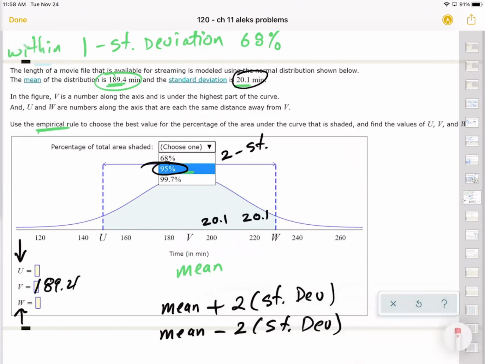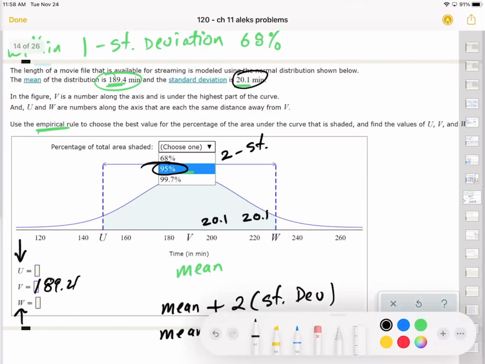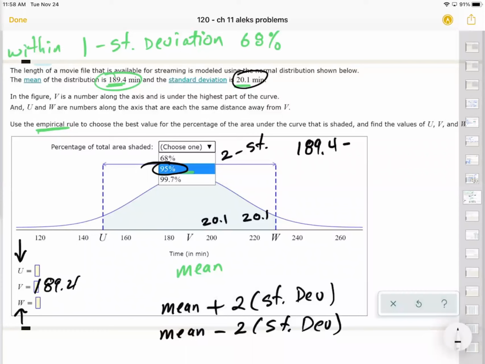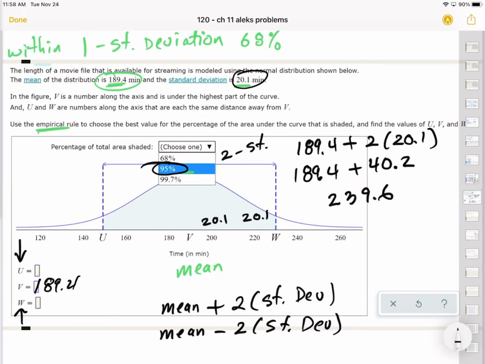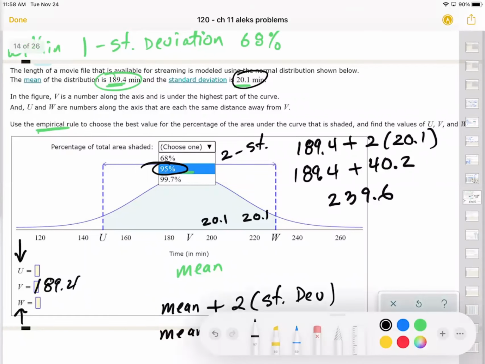Let's take a look at this item here. Let's do 2. What is my mean? It's 189.4 plus 2 times 20.1. Do you agree that 2 times 20.1 gives me 40.2? And if I add this together, what is 189 plus 40? It gives me 229.6.